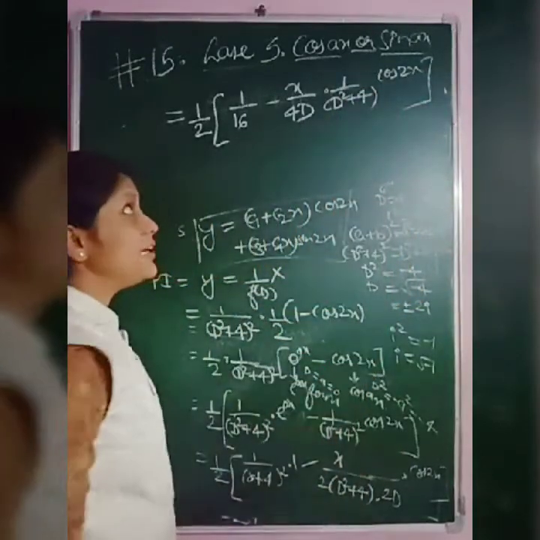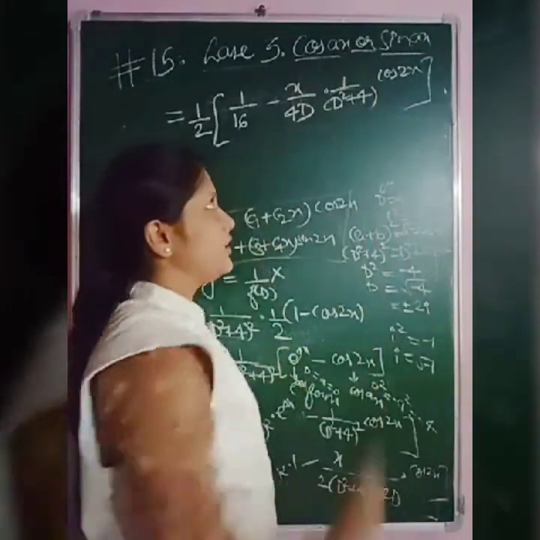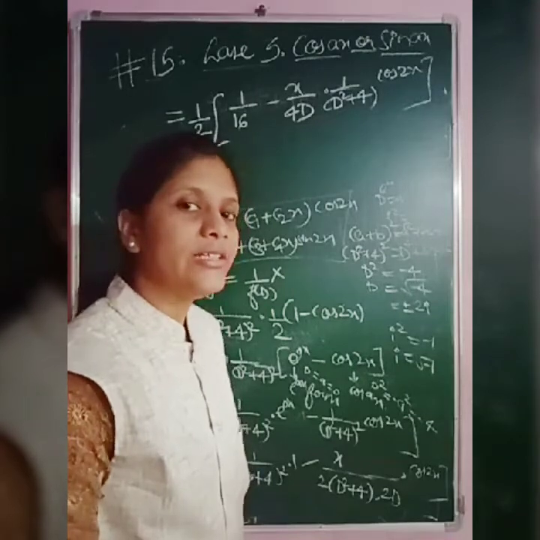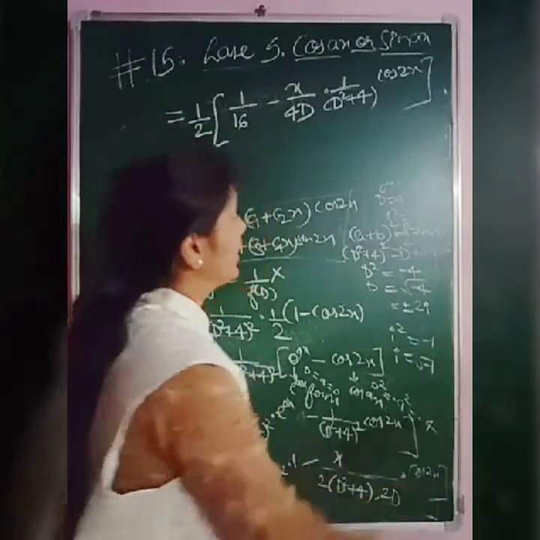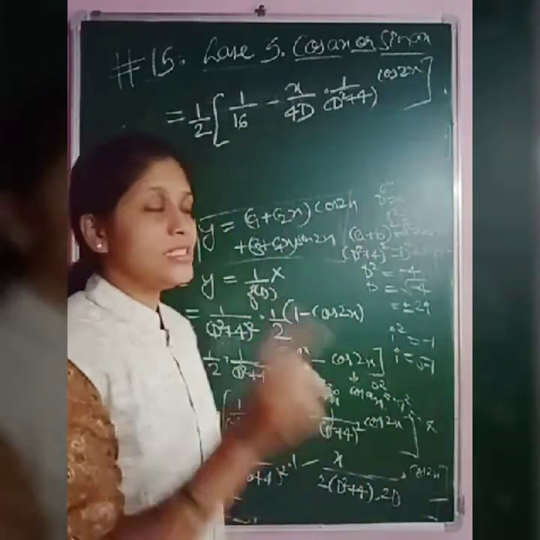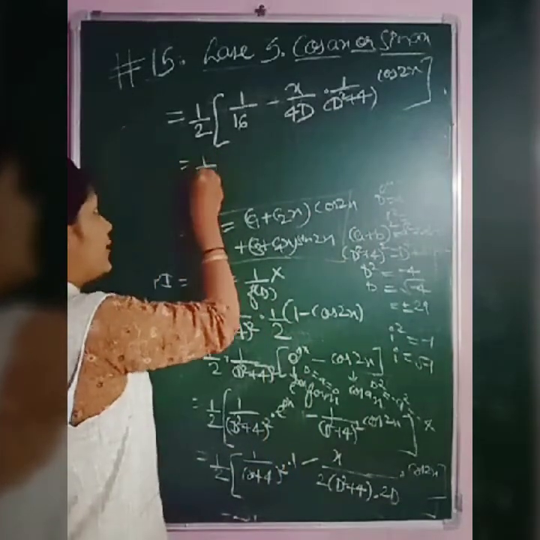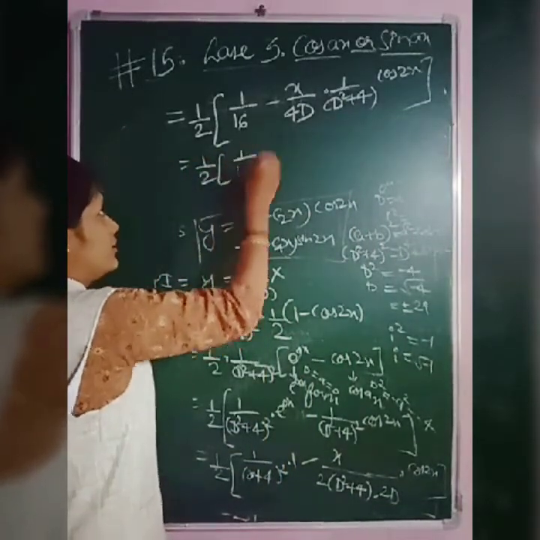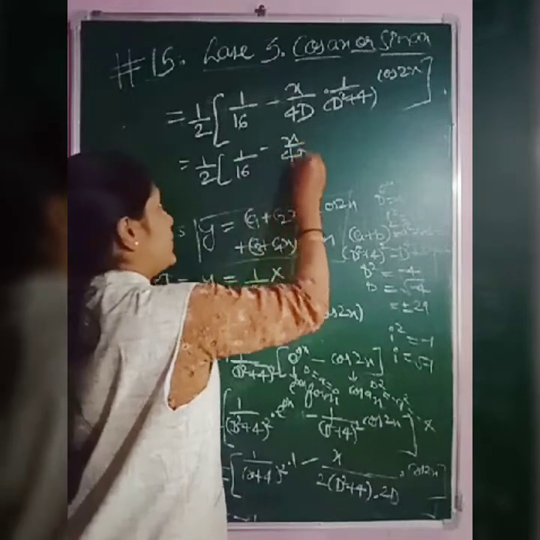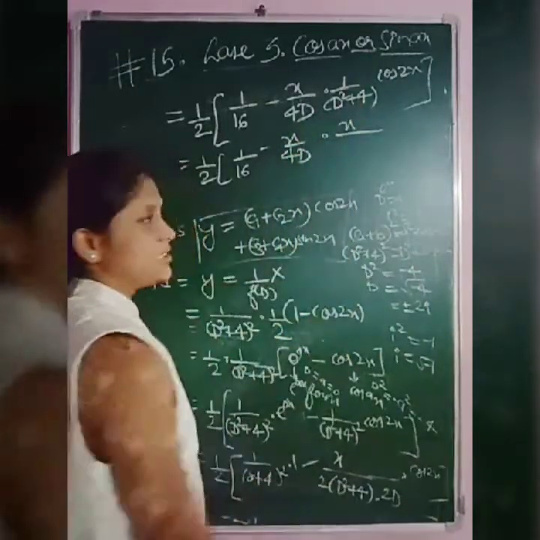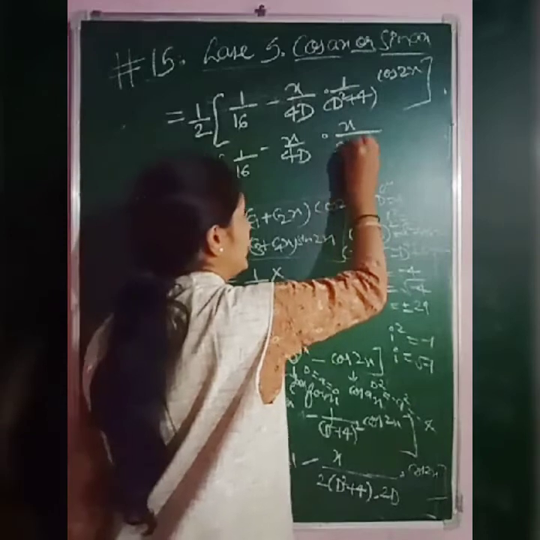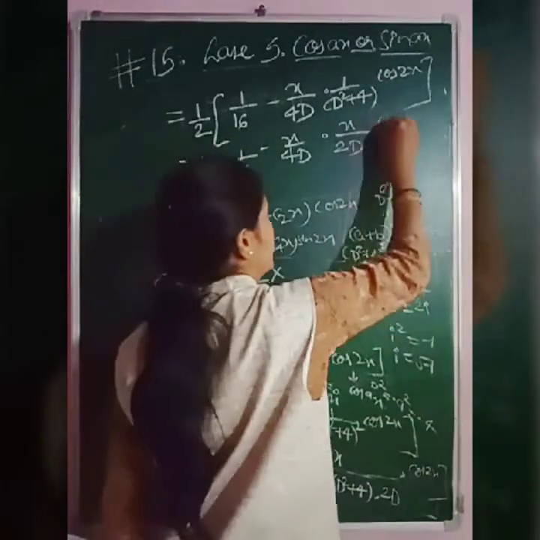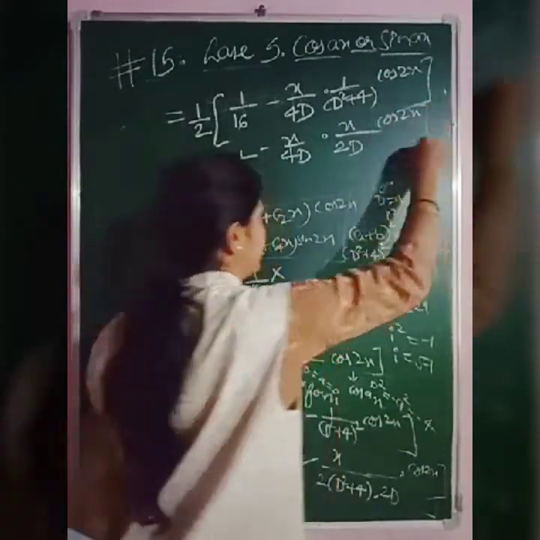Now, what is the meaning of this? 1 upon f(D) cos x. D square, wherever D square is there, substitute minus 4. So again you are getting 0. So what do you have to do? Again you have to follow the note, that is, multiply the numerator with x, differentiate the denominator: 2D, the differentiation of D square plus 4, cos 2x as it is.